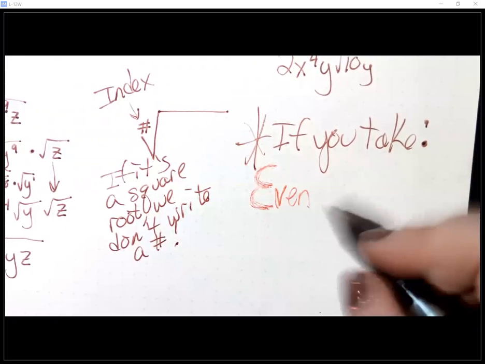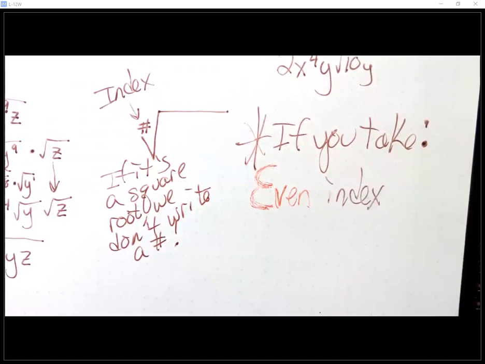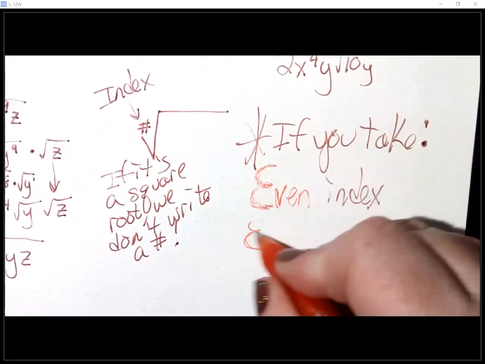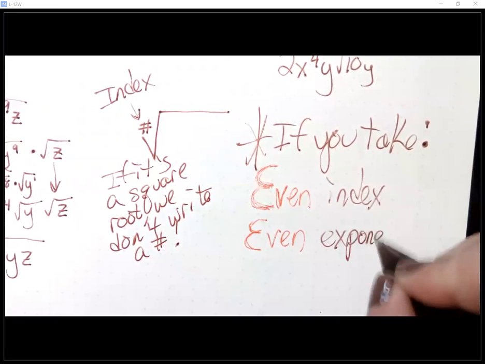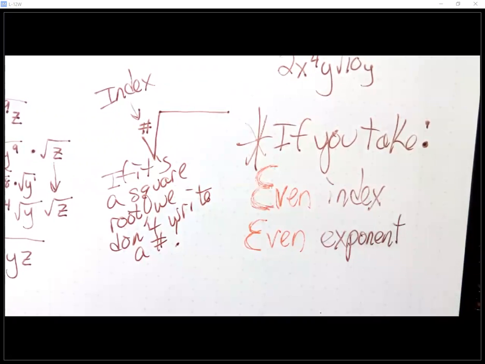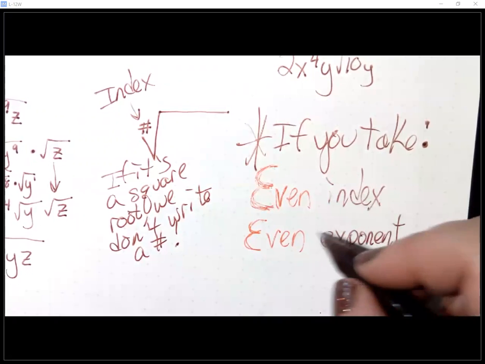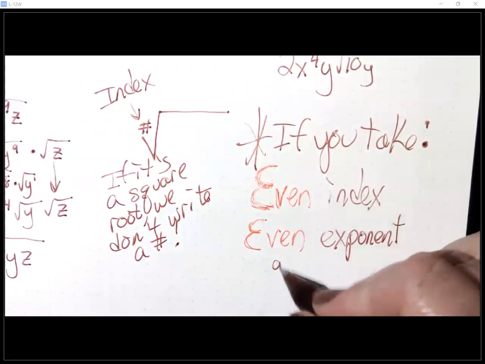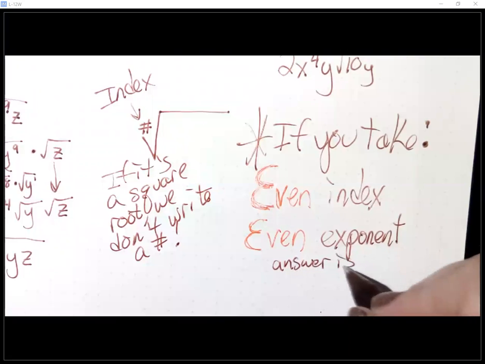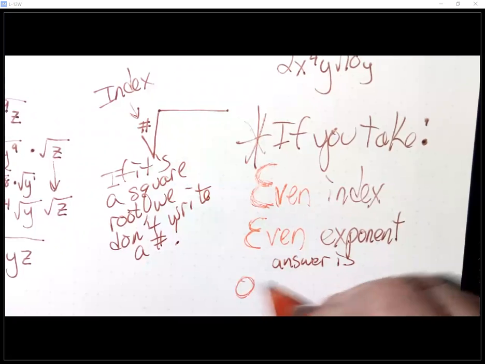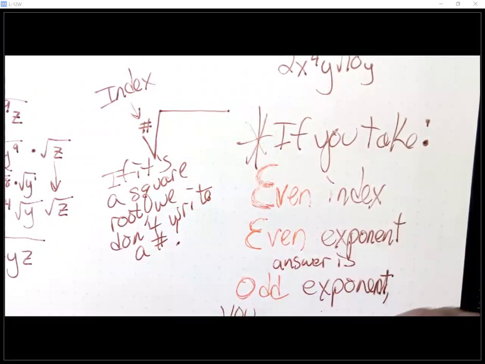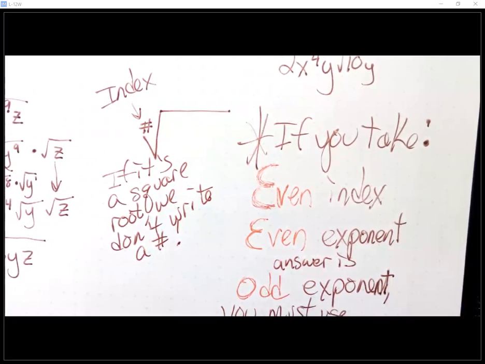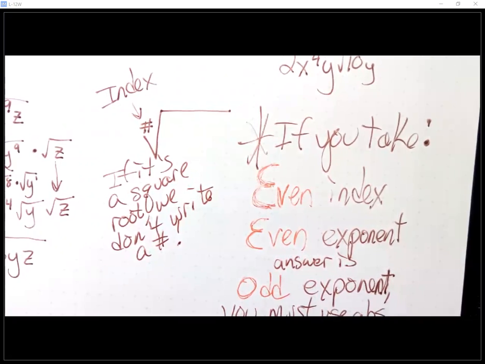Even index from an even exponent, and your answer is an odd exponent, you must use absolute value bars.